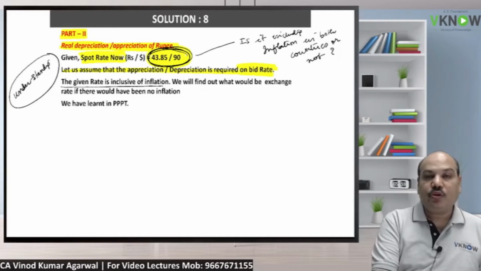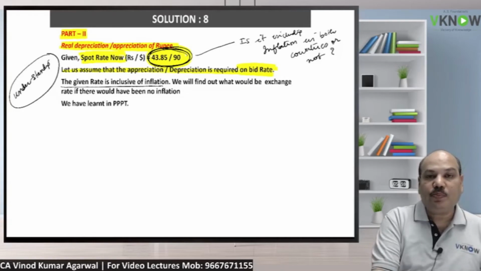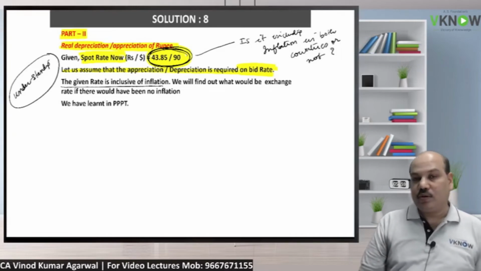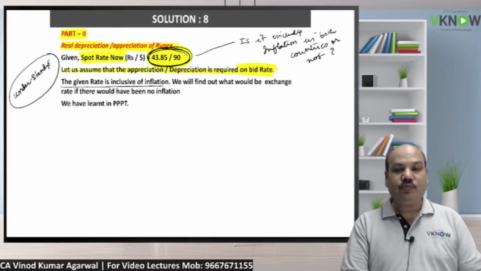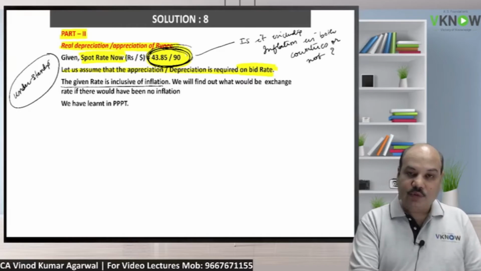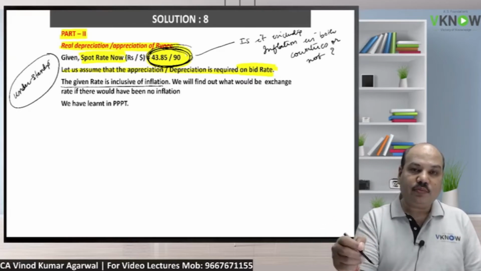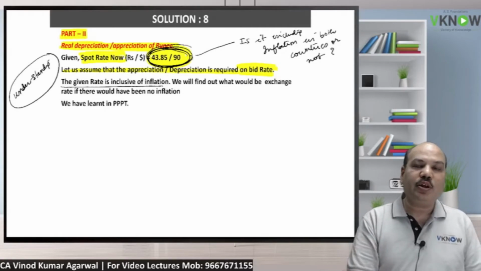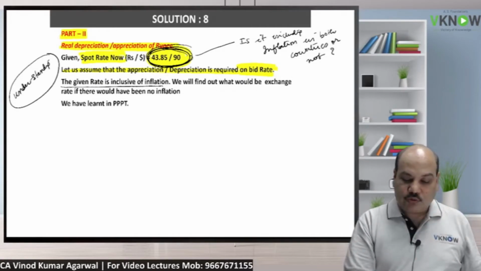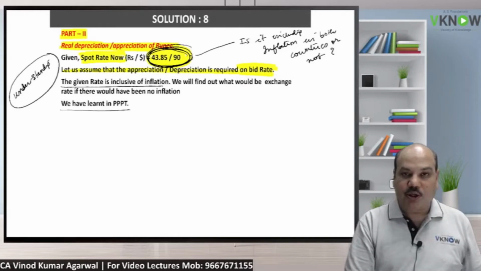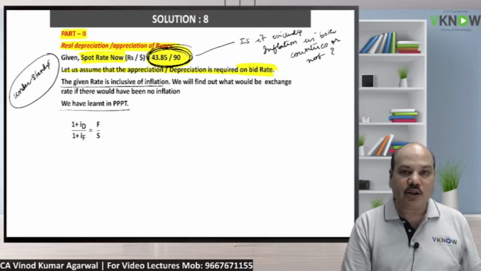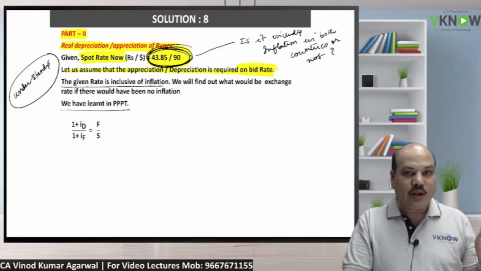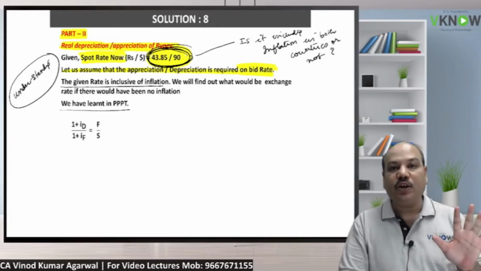Okay. So now I will take the help of PPPT. We have to learn reverse working now. This is after including inflation. So if there is no inflation, what would be the exchange rate? We have learnt in PPPT, purchasing power parity theorem, which relates exchange rate and inflation rate.